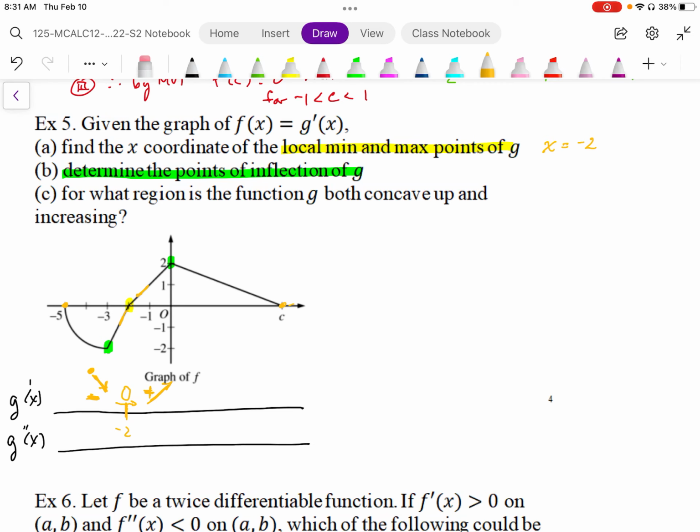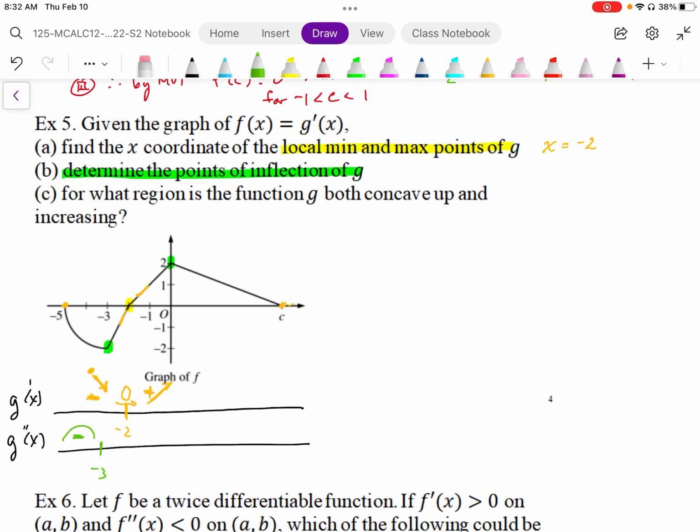So for part B, we're looking for the inflection points. Inflection points happen where the derivative graph changes direction. So at -3, we have a negative slope on one side. So negative slope of the slope means negative second derivative.